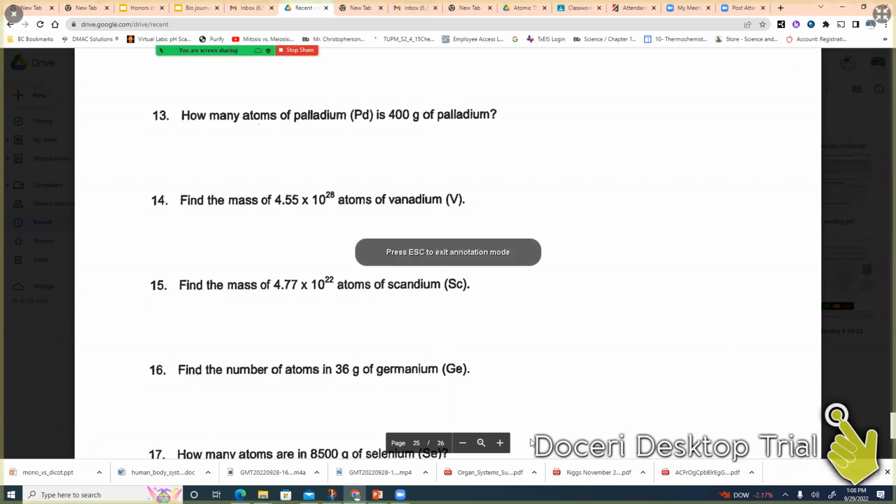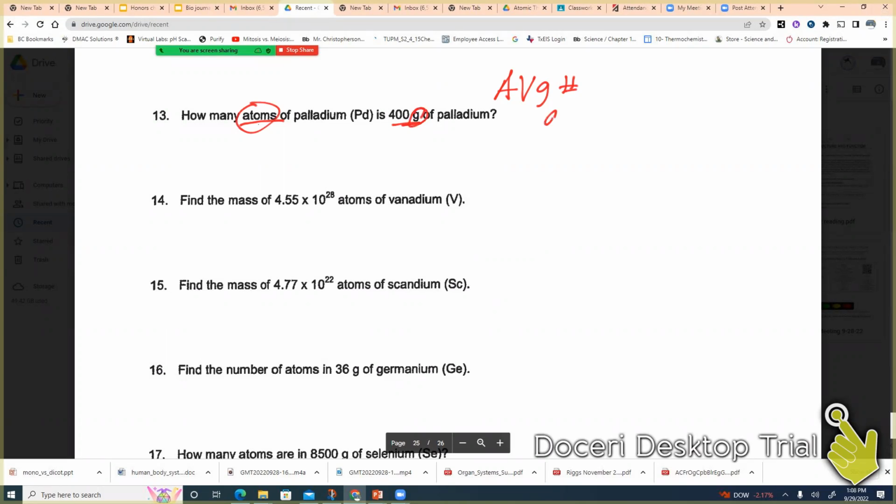So if you read number 13, how many atoms of palladium is 400 grams. If you notice, that has atoms, so I'm going to have to use Avogadro's number. That was one of my hints. And then it also has grams or mass, which tells me I'm going to have to use a molar mass. So whenever I see I'm going to have to use both conversion factors, that means I'm going to have to use the 3 boxes. So that's kind of how you have to attack it.